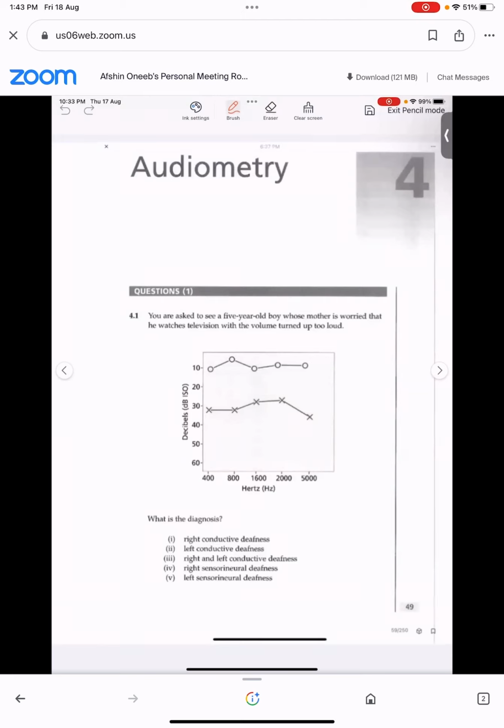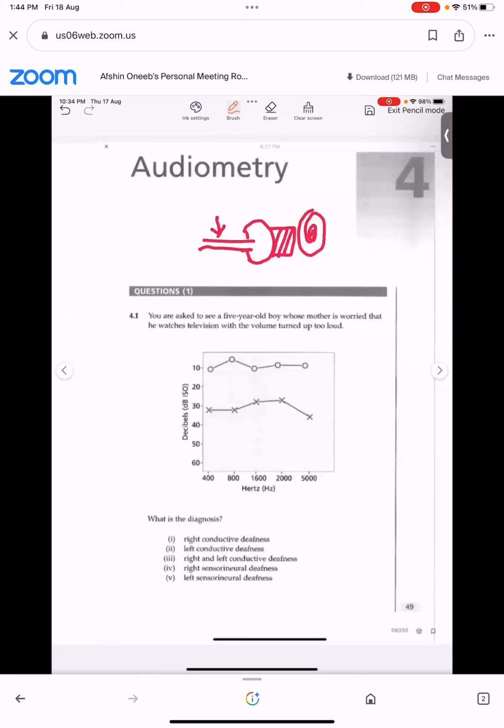Okay, we all know the anatomy of the ear. Suppose this is your external ear, where you have the external auditory meatus. The next one is the middle ear, and the third one is the cochlea.